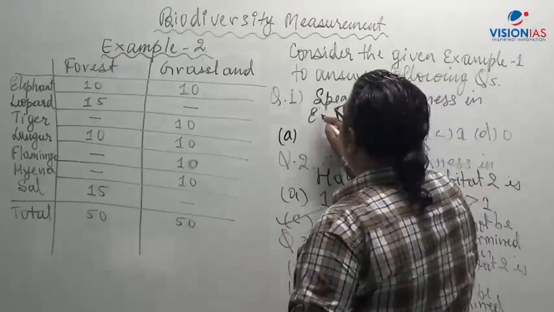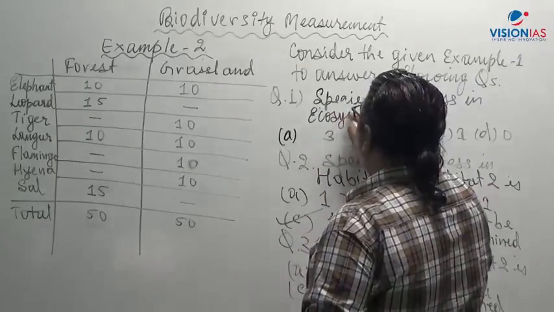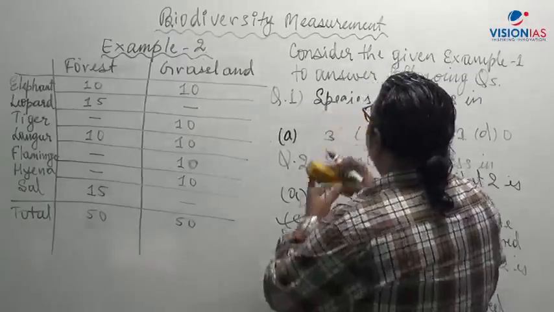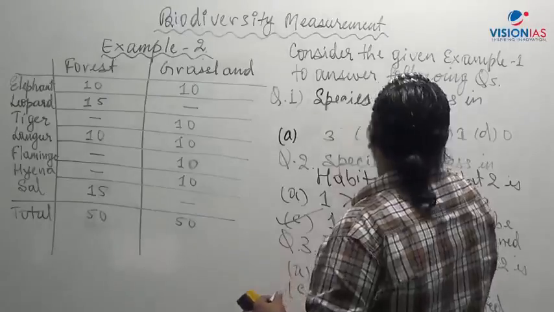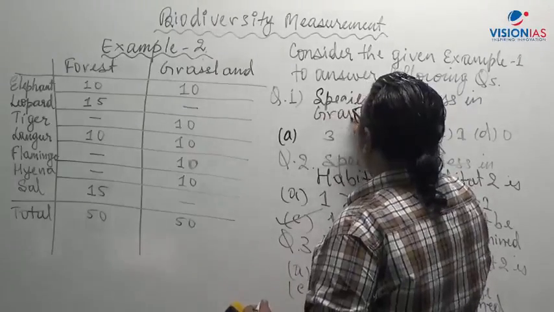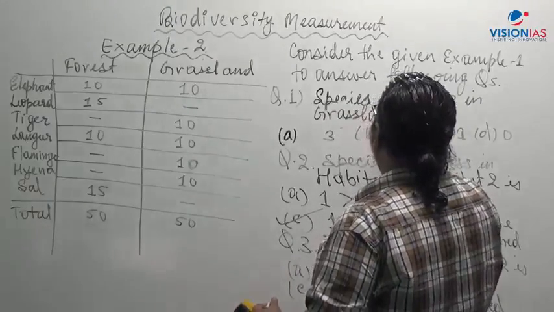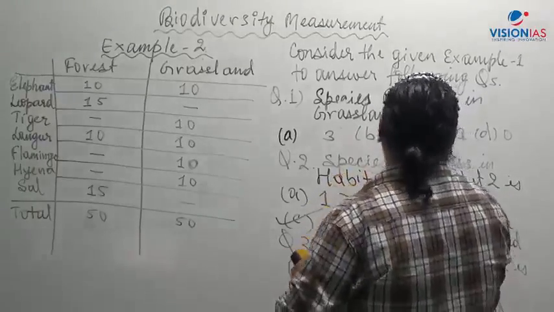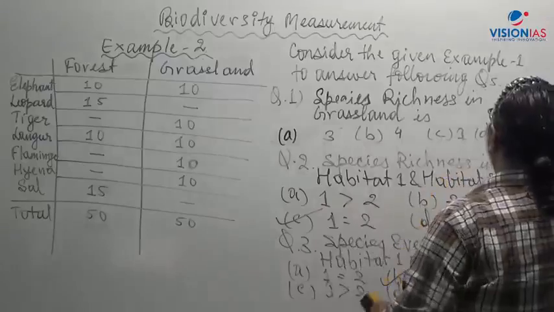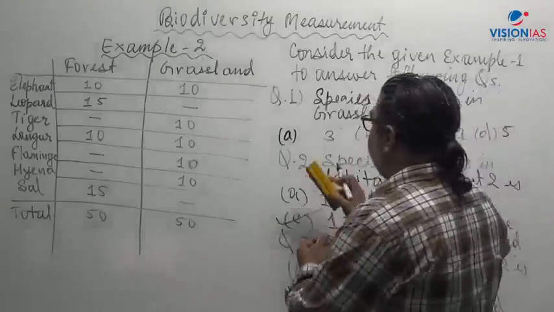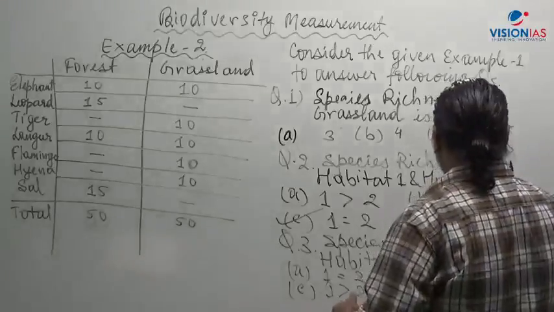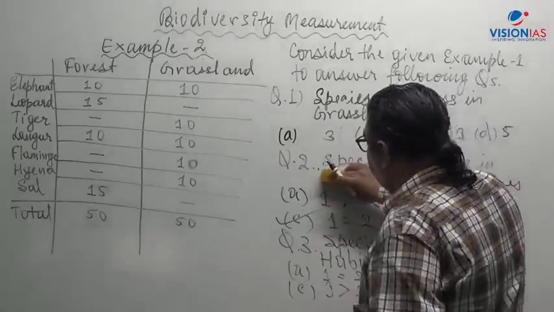Let me, instead of using the word ecosystem, ask here in grassland, to make it more clear: in grassland it is 3, 4, 1, 5, right? Now the second question: species richness in forest and grassland.